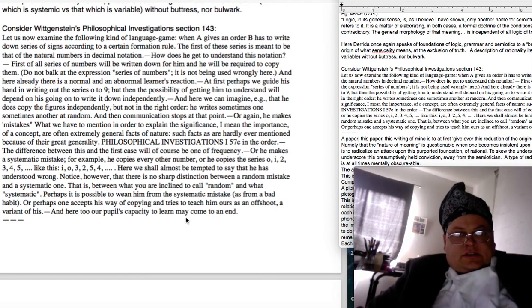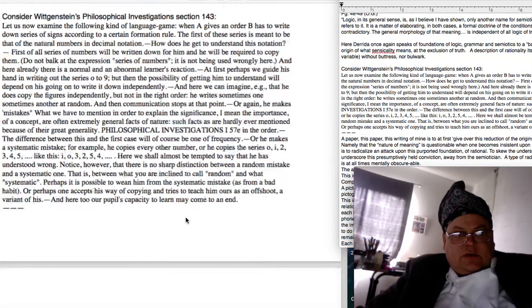Or he makes a systemic mistake. For example, he copies every other number, or he copies the series 0, 1, 2, 3, 4, 5, etc., like this: 1, 0, 3, 2, 5, 4, etc. Here we shall almost be tempted to say that he has understood wrong. Notice, however, that there is no sharp distinction between a random mistake and a systemic one.